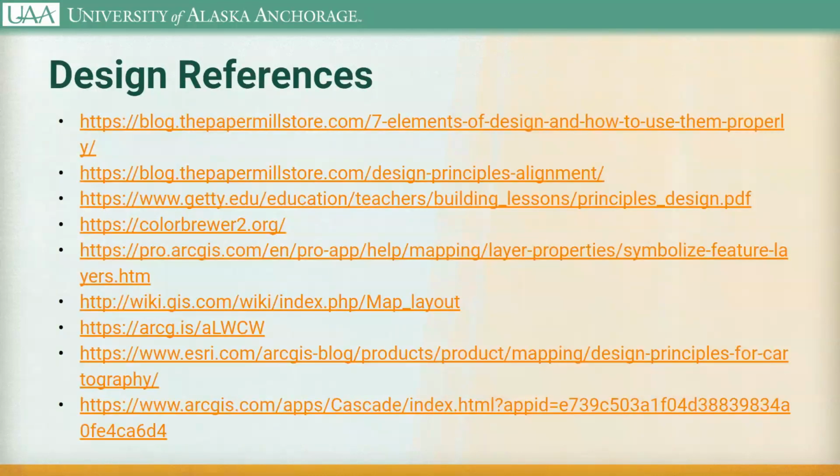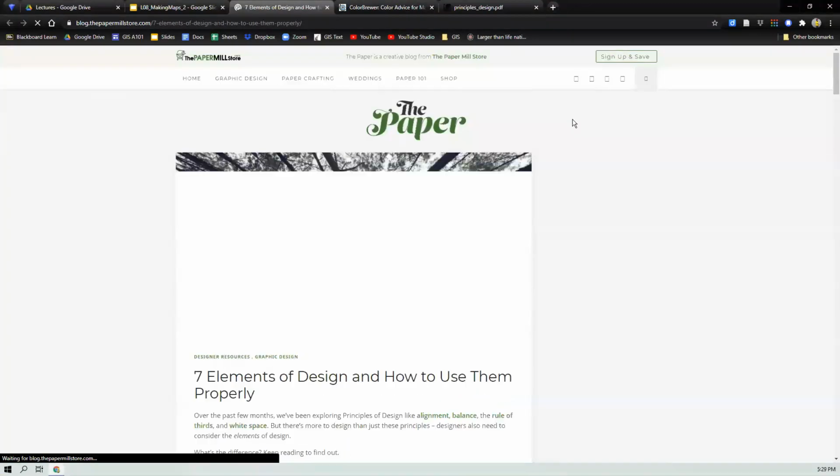So this is a rather confusing, blurry looking list of links, but you guys can poke around in them. A couple that I really found helpful in understanding graphic design principles were this paper mill store blog.